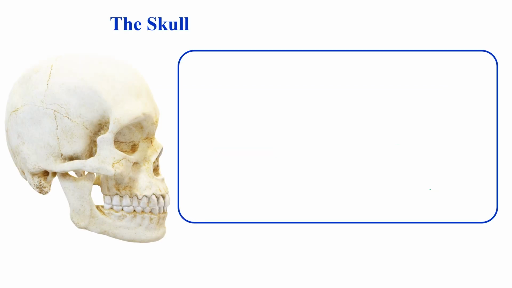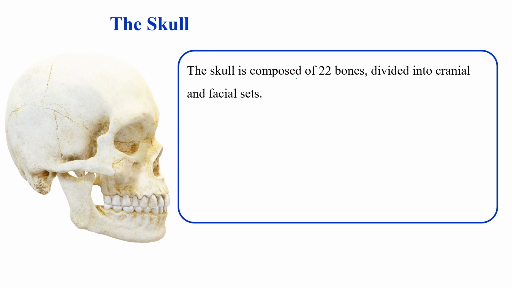Clear? So in the axial skeleton, first part, the skull. Our skull is composed of 22 bones divided into cranial bones and facial bones.